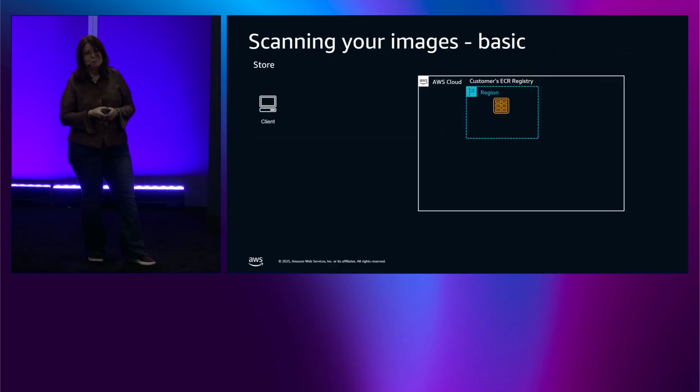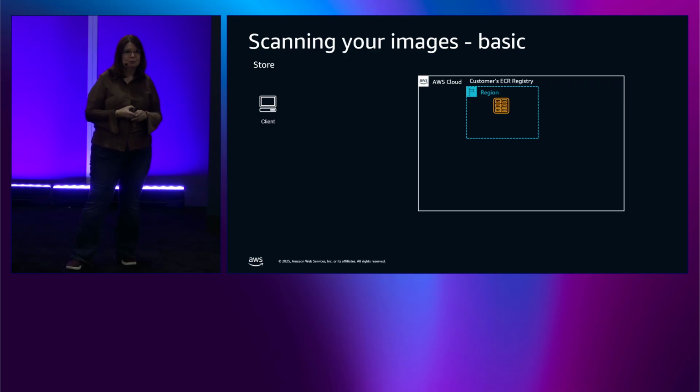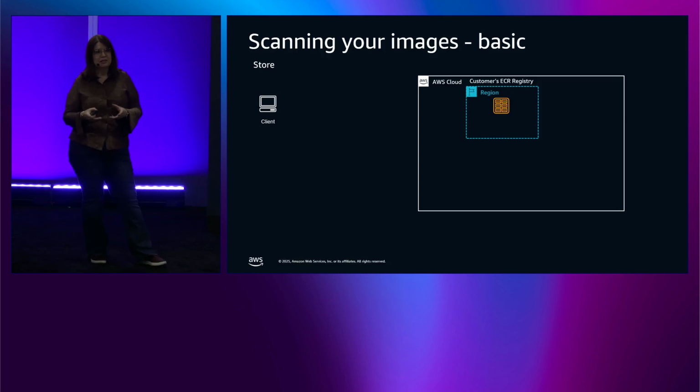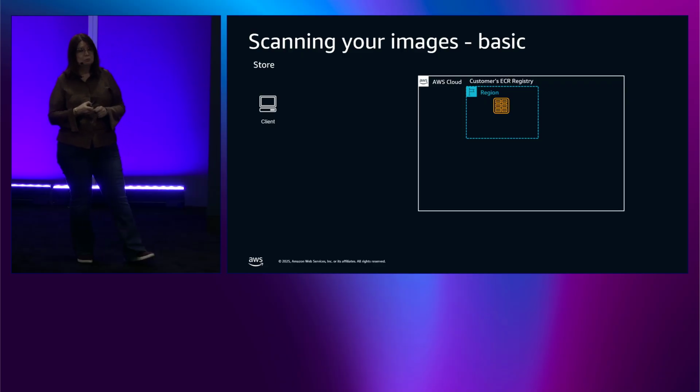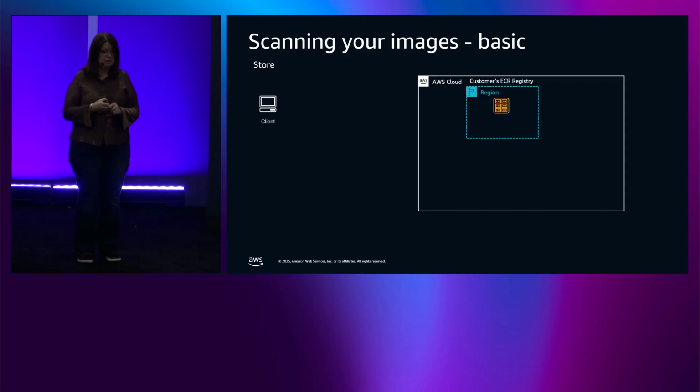So, I mentioned that Amazon ECR helps with vulnerability scanning. Now, there are two types of vulnerability scanning with ECR. Back in 2019, we released a basic scanning option for Amazon ECR, really just to encourage our customers to scan images. This was based on Clair, an open source vulnerability scanner, and it scans for OS vulnerabilities only. Recently we updated that to use Amazon's own proprietary native technology, which covers more operating systems and more up-to-date operating systems.